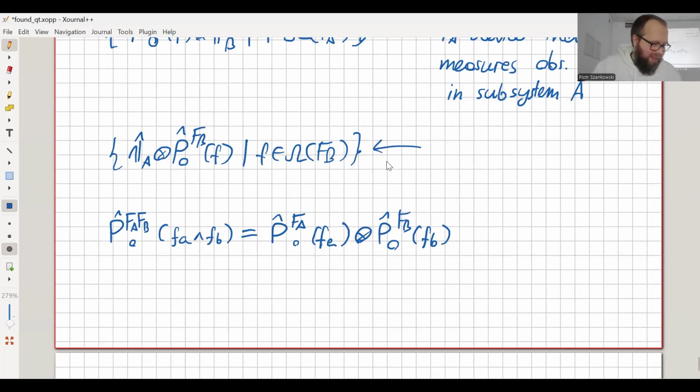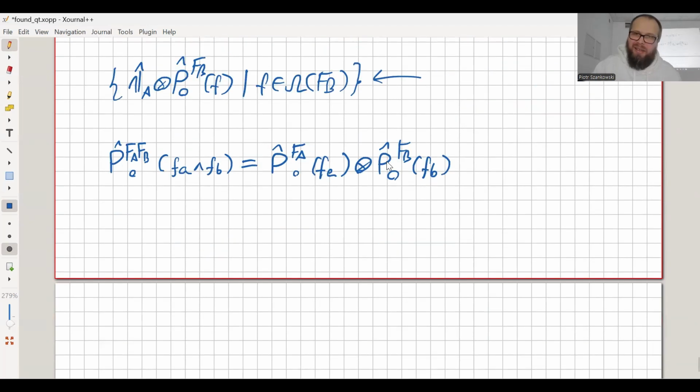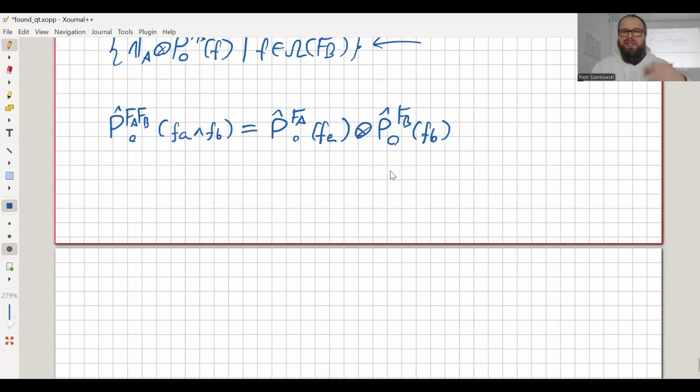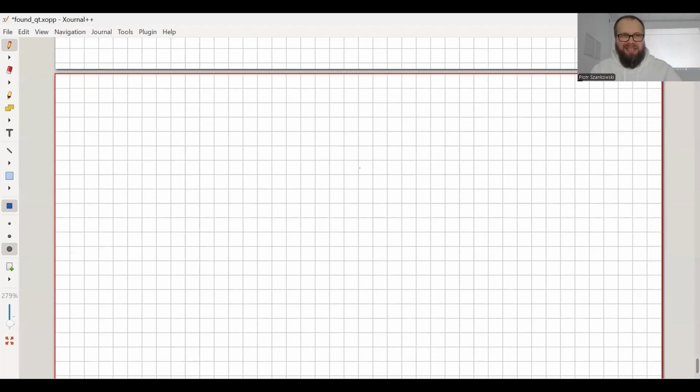But still, this is the description for independent systems, right? This is when you want to have factorization. But if this is how you model independent systems, then how do you model dependent systems? And that's not very difficult to figure out. Dependent systems.